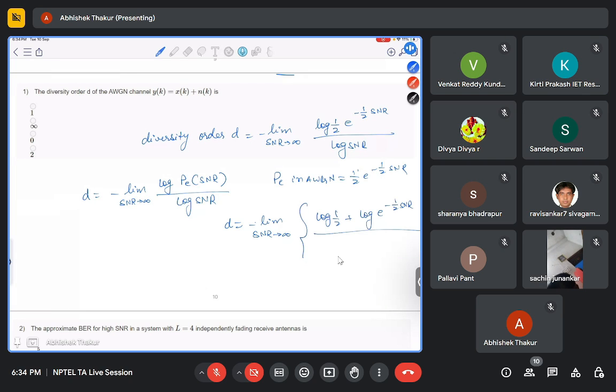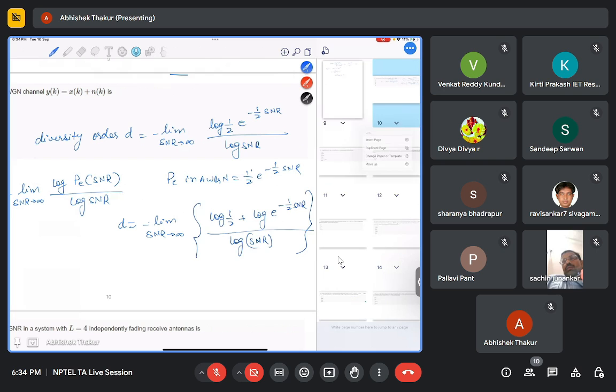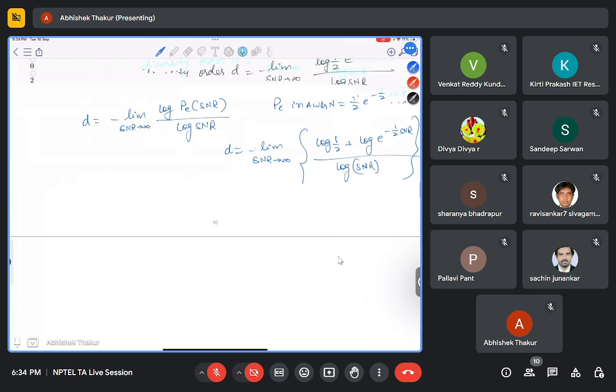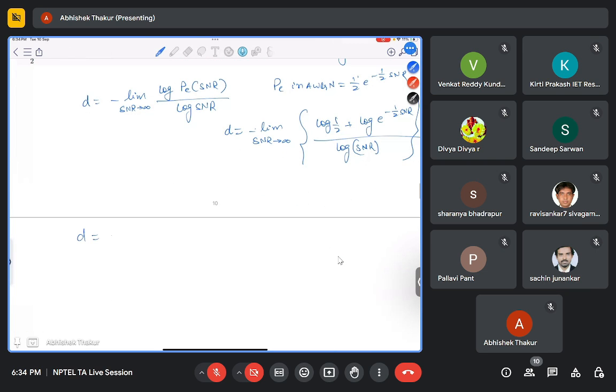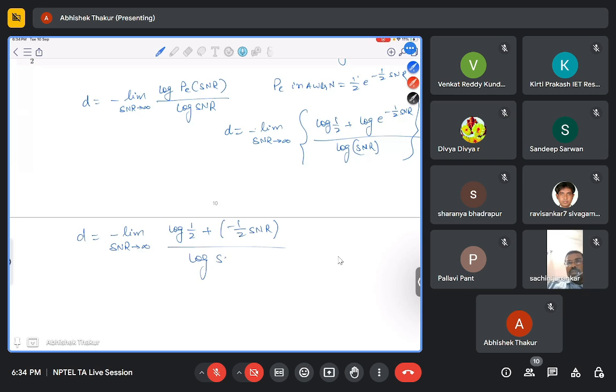We can write this because log of m into n is log m plus log n. Log of e will become 1, so it will become minus of half SNR divided by log of SNR.